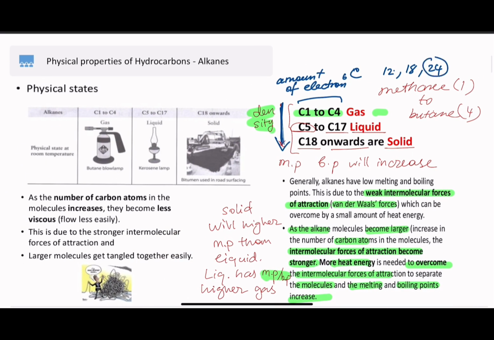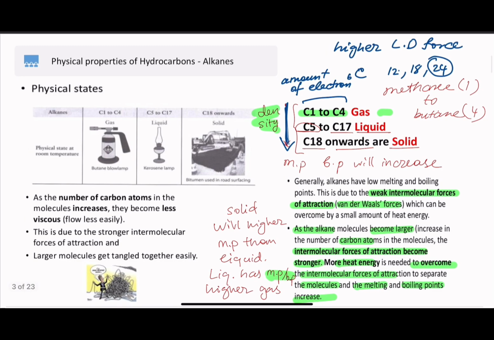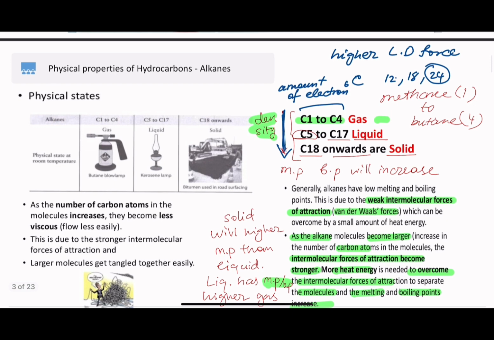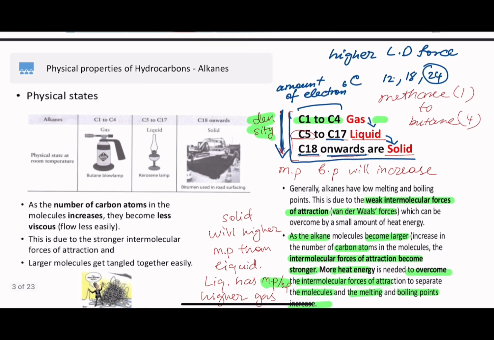The more electron clouds you have, the stronger the London dispersion force. So when the molecules come together, they go from gas to liquid, and as you increase the electron number from 17 to 18 and onwards, they come even closer and make a solid. That's why we have this table in here. The London dispersion force is increasing as you increase the number of carbons.